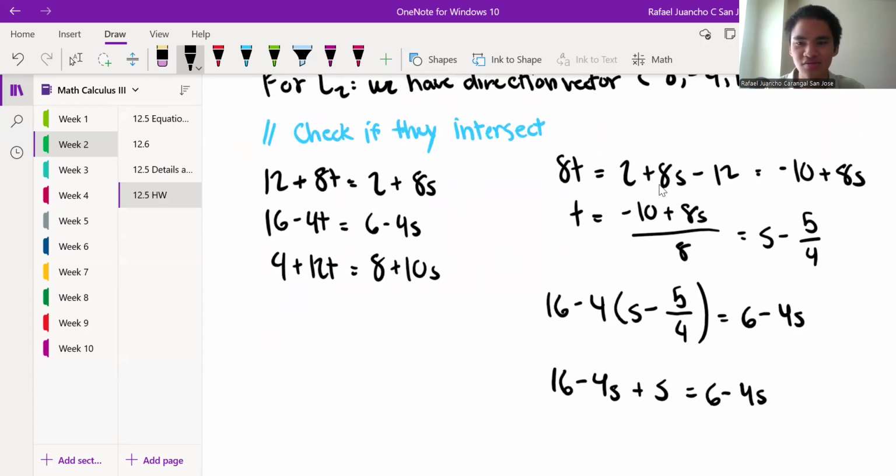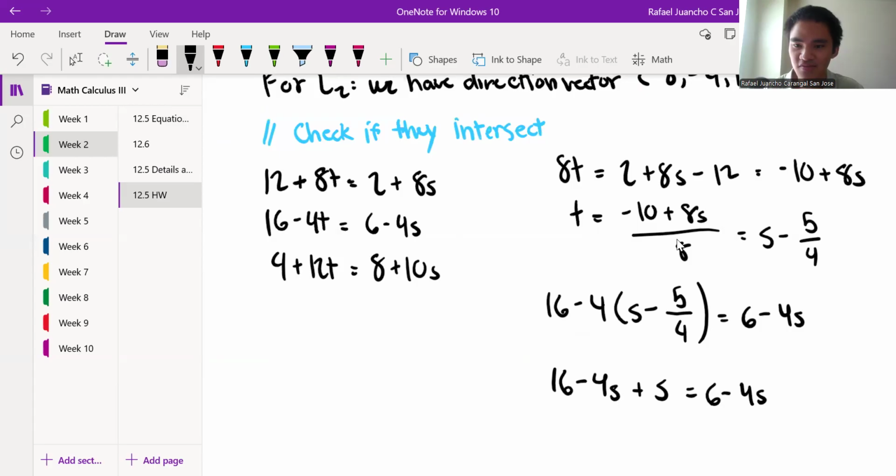8t minus 12, 2 plus 8s. 2 minus 12 is negative 10 plus 8s. Okay, I got that. Now for t, I divide everything by 8. And then I get negative 10 over 8 plus 8s, which is just 8s minus 10 over 8. 10 over 8 could be simplified to 5 over 4.